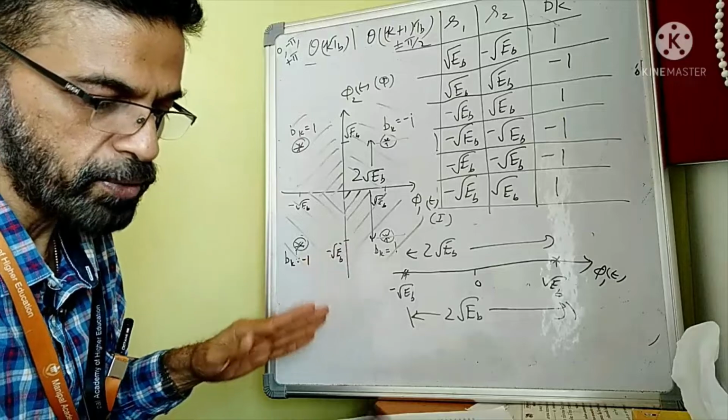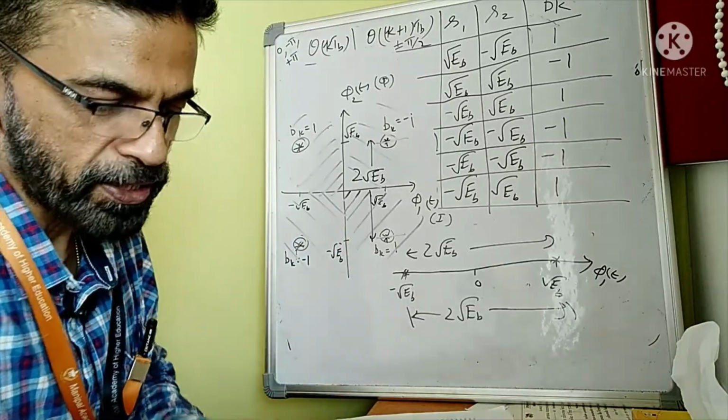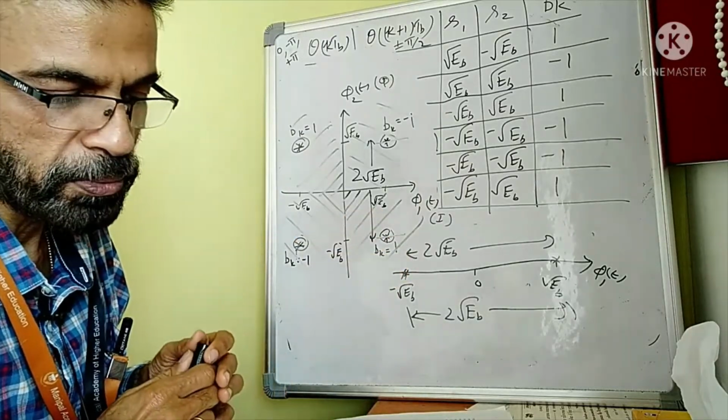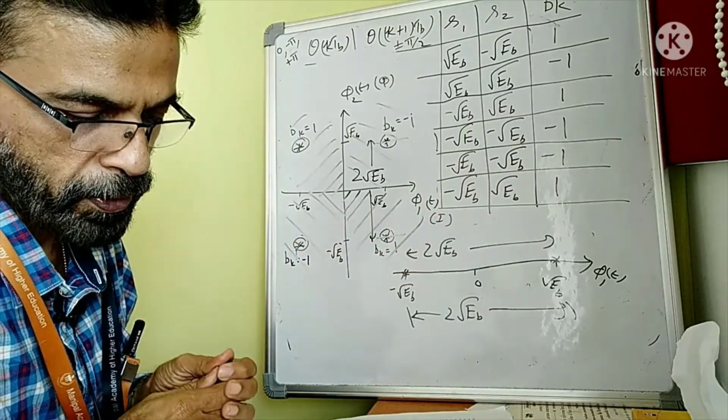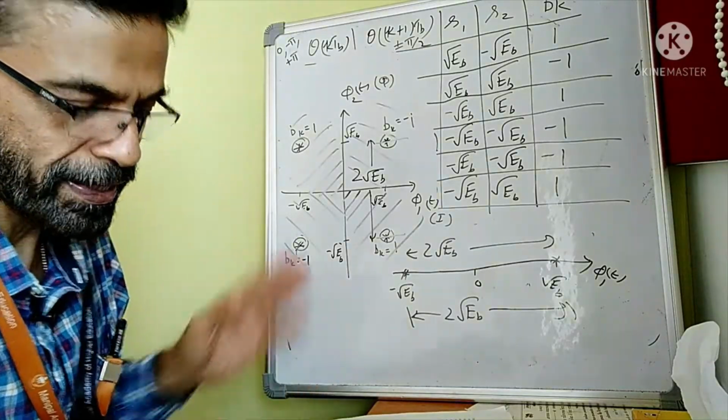So you can simply use the same expression which we use for the error rate of binary PSK to find out the error rate of minimum shift keying. That is the conclusion as far as the analysis is concerned.